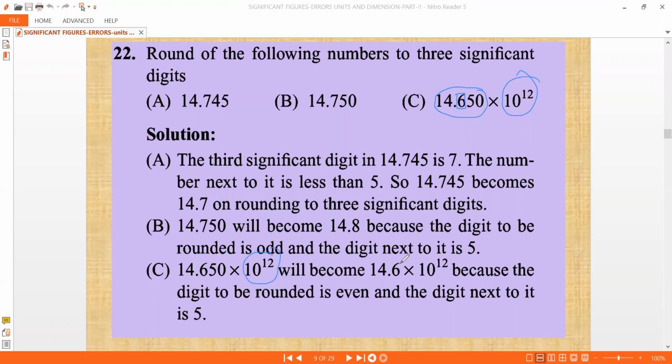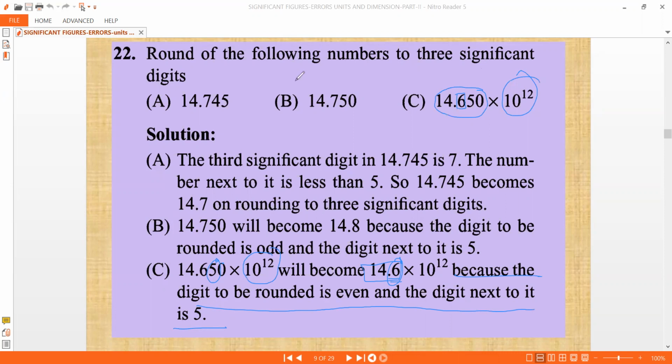So 14.6 only will remain. Why? Because this 6 is even and the next digit is just 5, so you should not raise it. Because the digit to be rounded is even and the digit next to it is 5, that's the reason we leave it as 14.6.